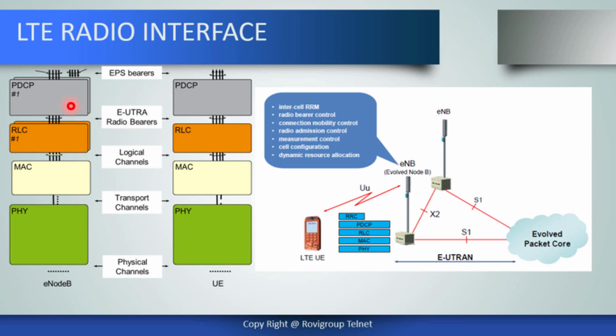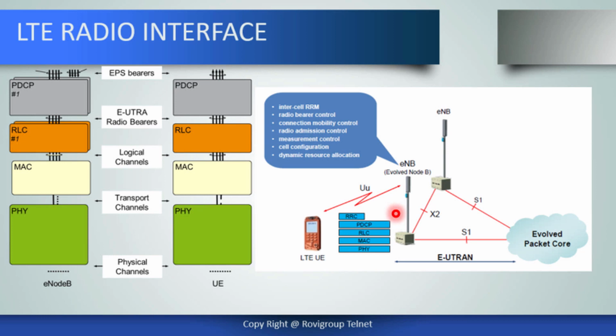At the PDCP layer, header compression and ciphering is performed, while at the UE side header decompression and deciphering is performed.